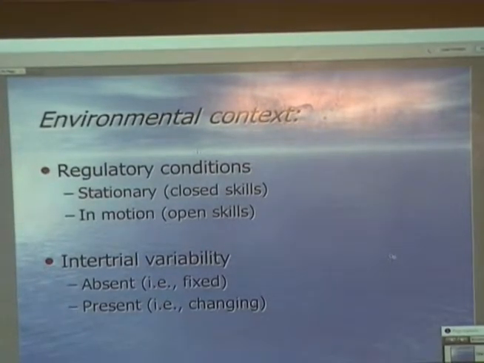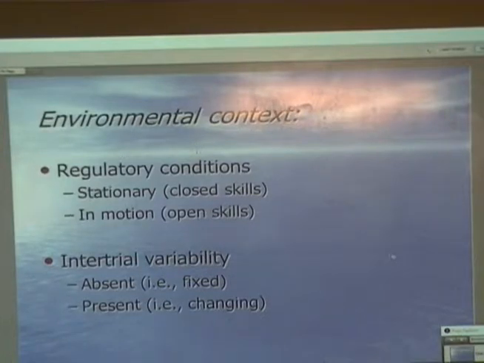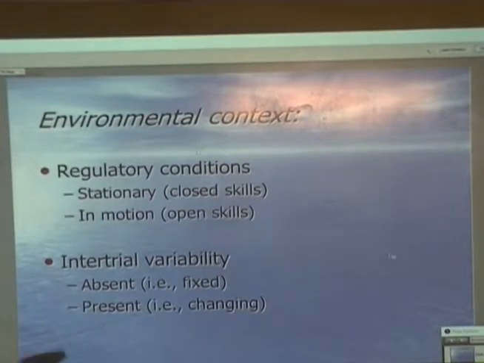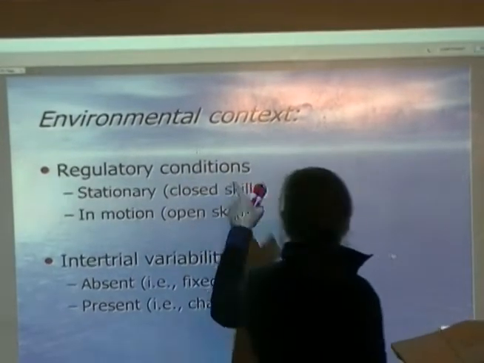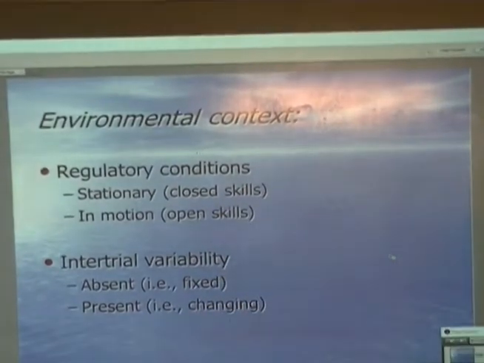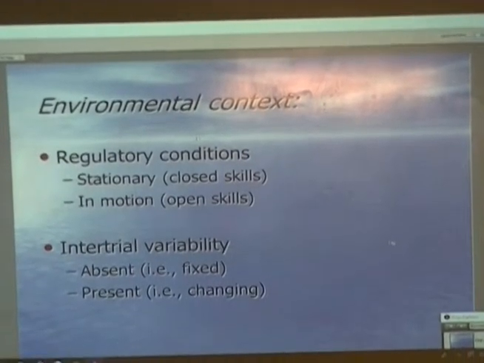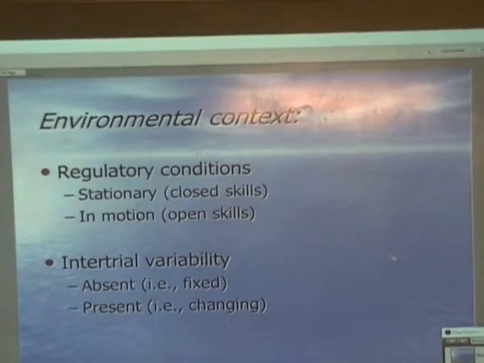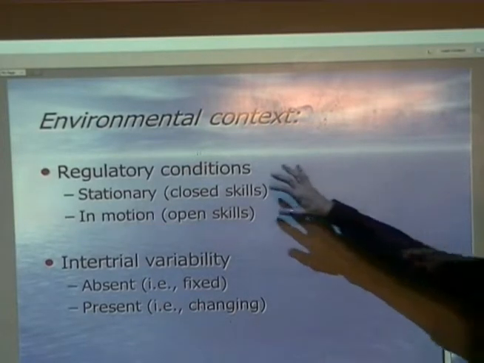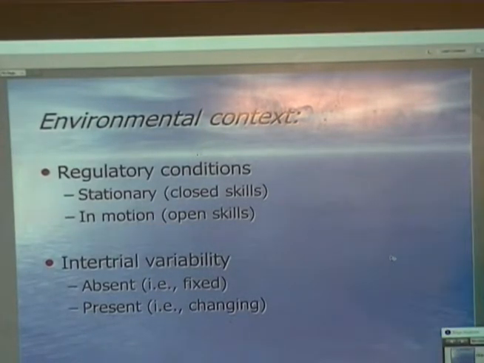The environmental aspect she divided into regulatory conditions and into trial variability. So the regulatory conditions are the characteristics of the environmental context that determine how the movement is produced. So it's very similar to our idea of our open-closed continuum.